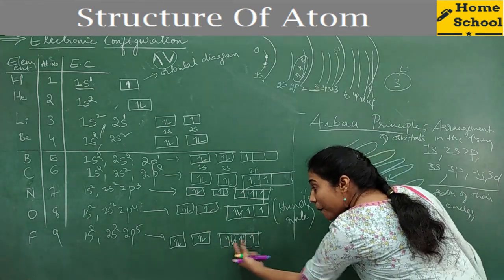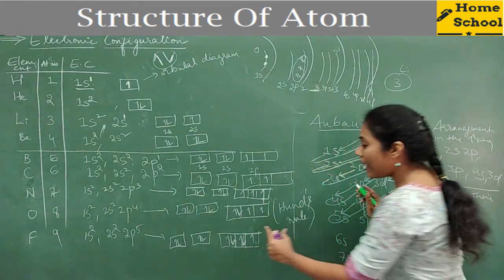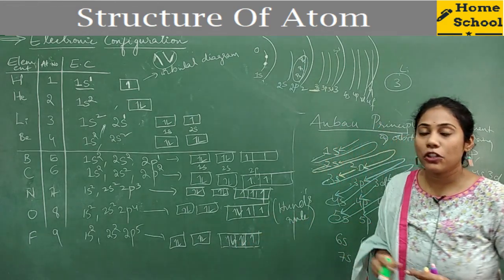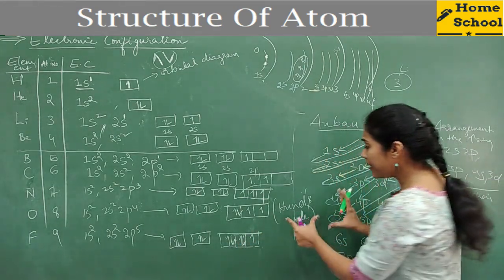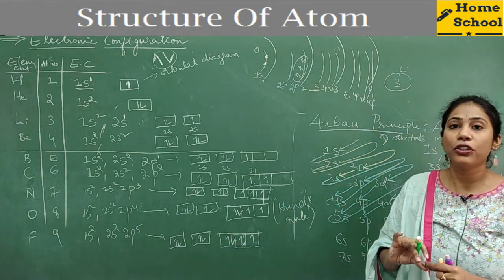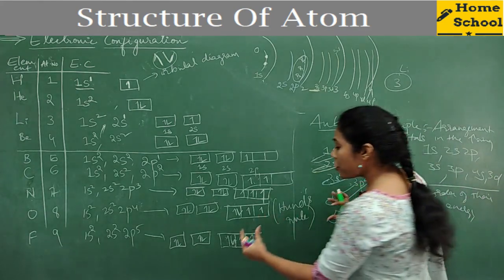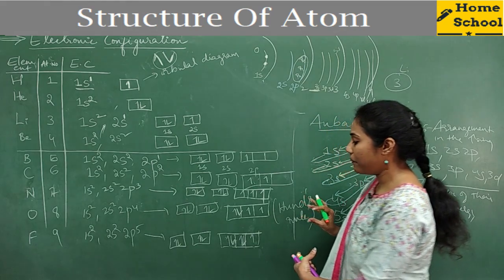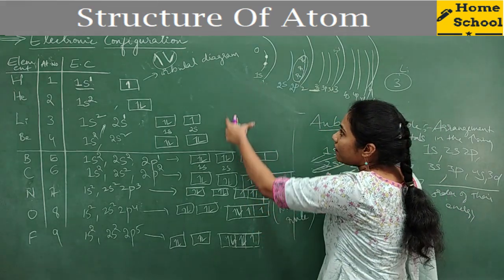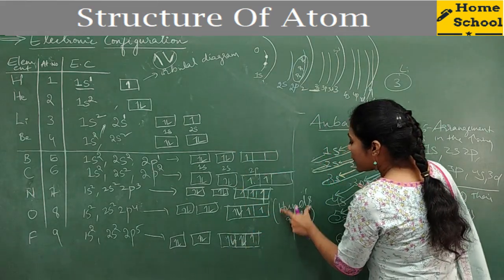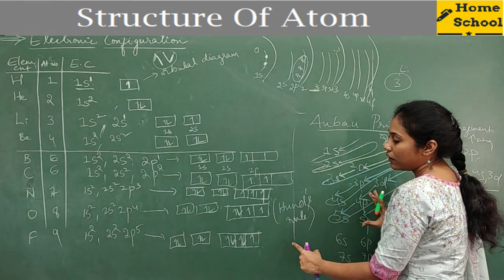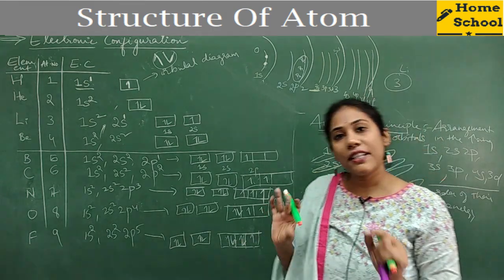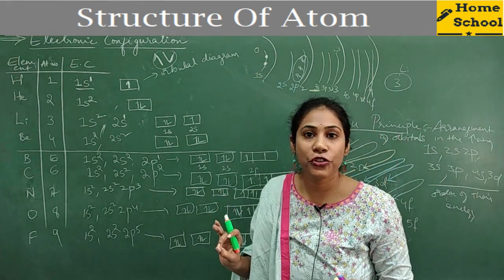This is how you must write the orbital way of electronic configuration. This is what we mean by Hund's rule. Each orbital should be singly filled and then pairing must start. So when you write the orbital diagram, you must follow Hund's rule. Clear? That's all about Hund's rule.